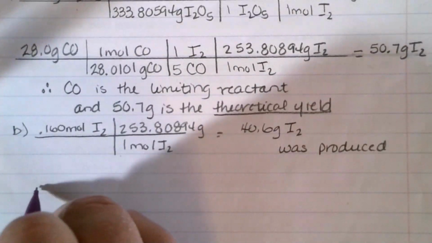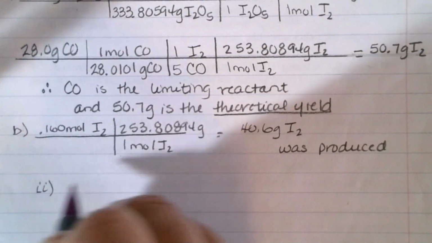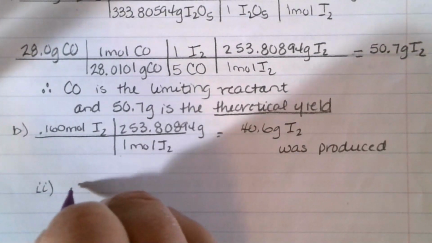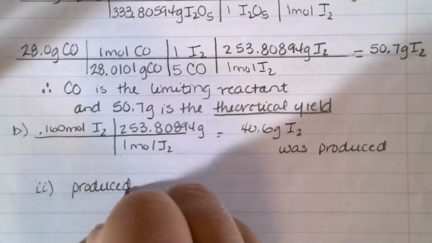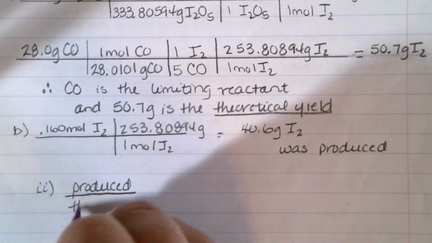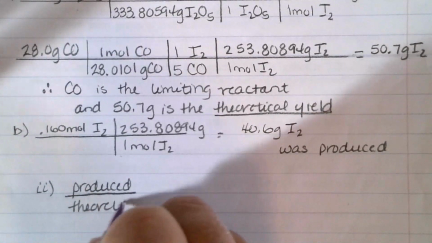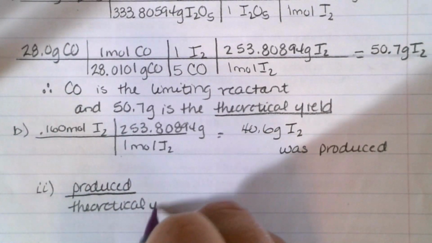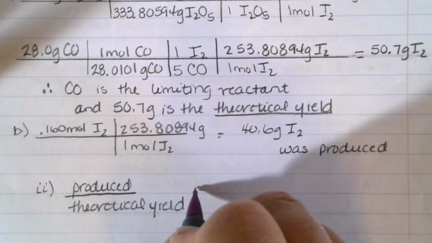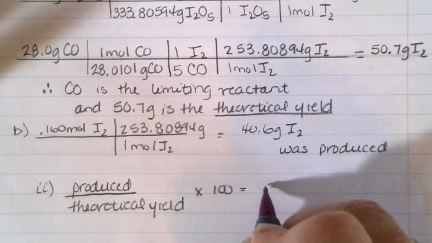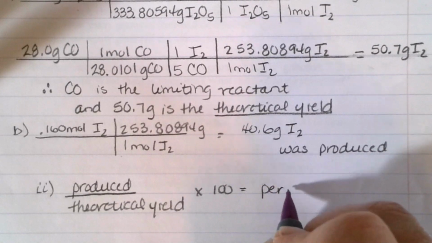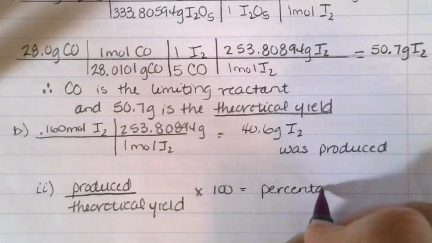So in the second portion of this, you take what is produced divided by your theoretical yield times 100, and you will get what is called percent yield, percentage yield.